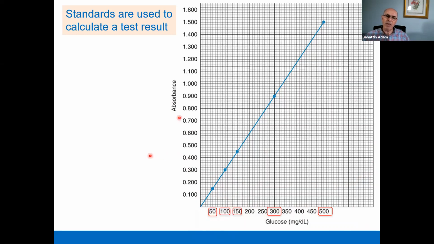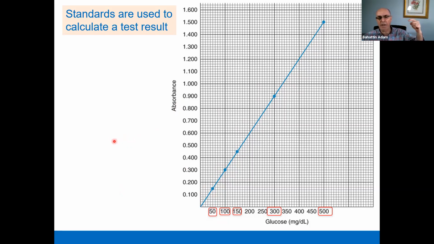And then once I obtain the absorbance of each standard, I am going to plot the absorbance of each standard and create a graph. Now my graph is ready, and I have patient samples. I don't know the amount of glucose in such samples. What I'm going to do is measure the absorbance of the patient samples.